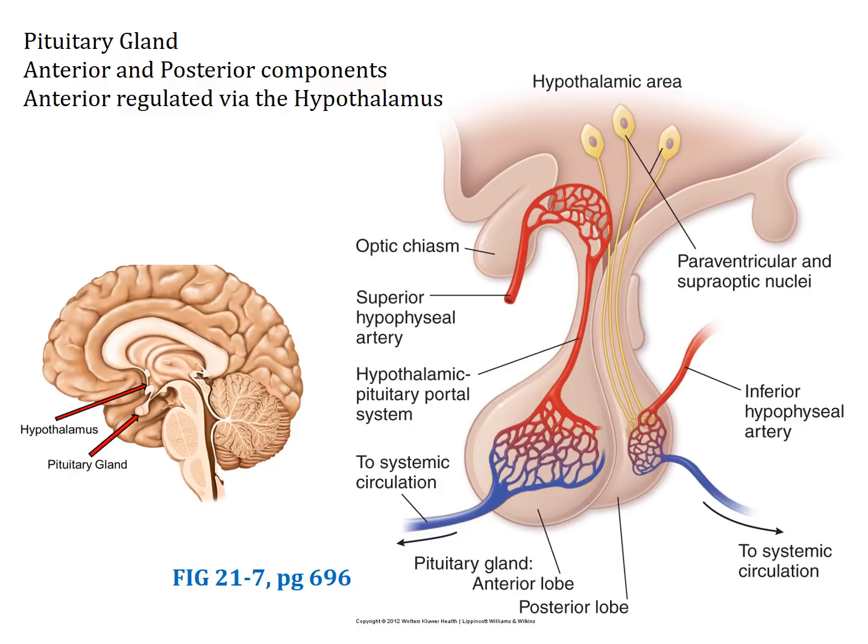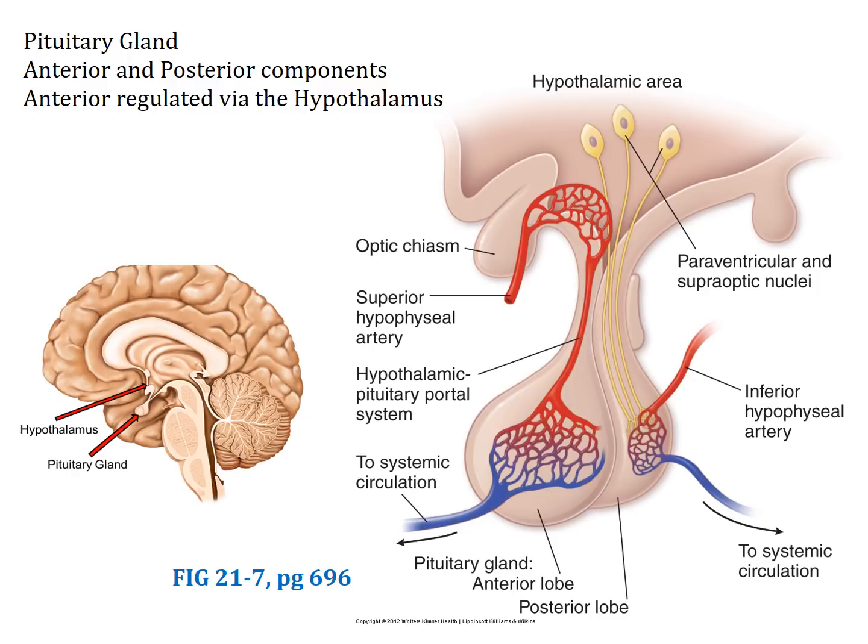Now, if you look at the anterior pituitary gland, it looks bigger than the posterior, and we see what's called a capillary portal, which is connecting the hypothalamus with the anterior pituitary. The hypothalamus is able to release a hormone into that capillary portal, which then travels to the anterior pituitary gland and stimulates the pituitary gland to release a hormone that can then go into systemic circulation.